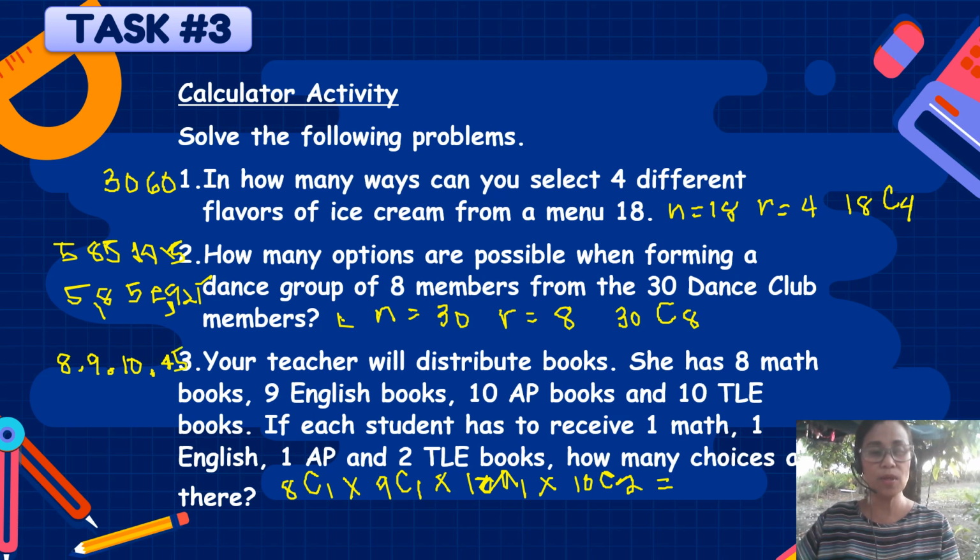Then we multiply all this together: 8 times 9 times 10 times 45.